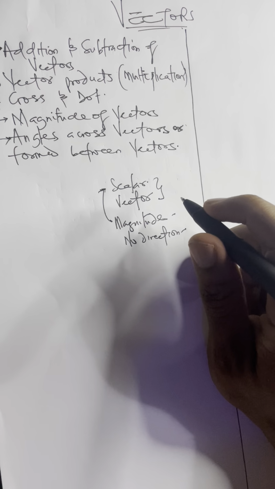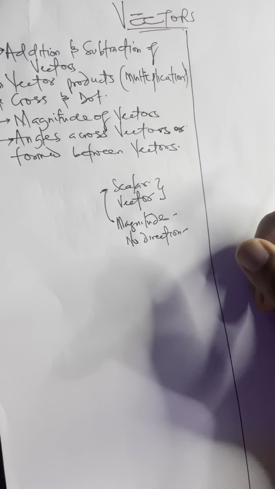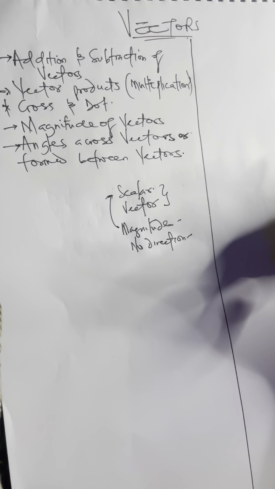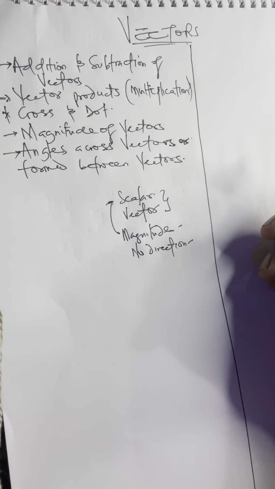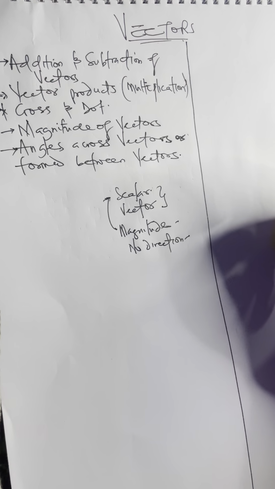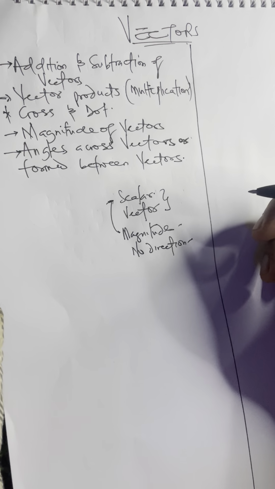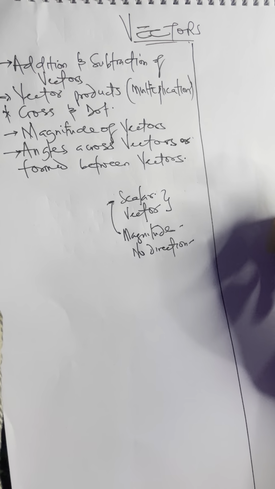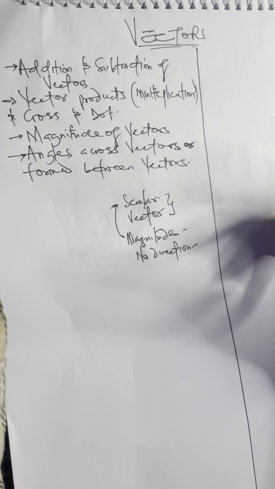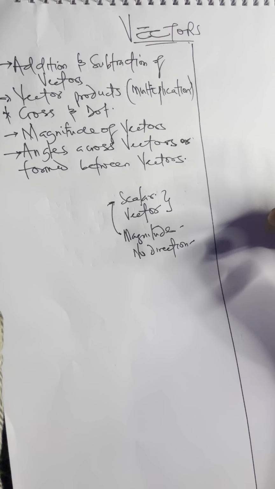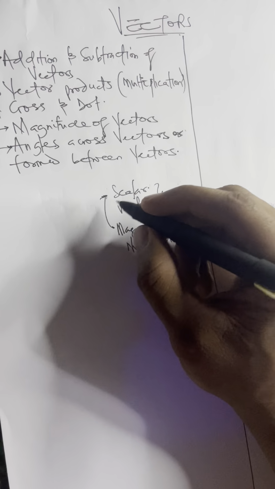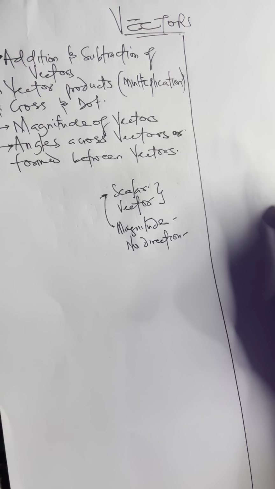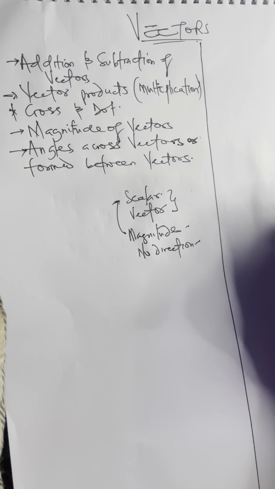When we talk about magnitude, it's more like the mass content of these quantities, or the spatial representation of these quantities, like when an object has a particular mass or the surface area that it occupies, but it does not move in any particular direction.